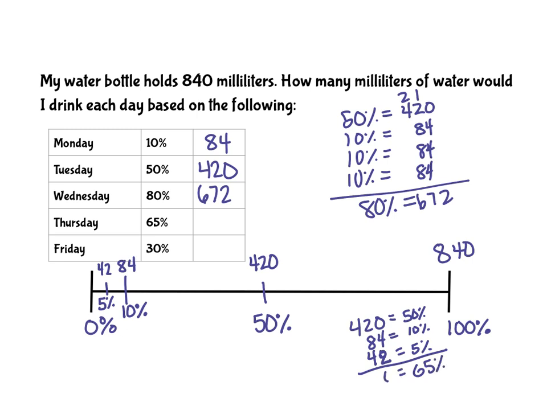And that would be 546. And then 30%. So need your 10% 3 times. So 84 times 3, 252. All right, I'm not using my calculator, so I hope I did that correctly. I'm sure y'all let me know on Monday if I didn't.